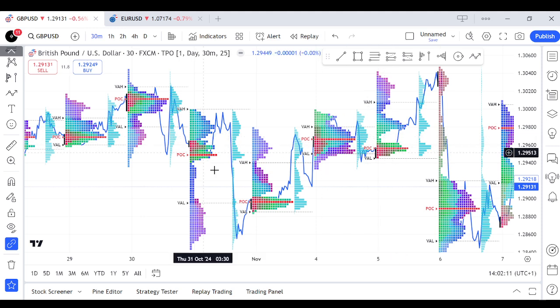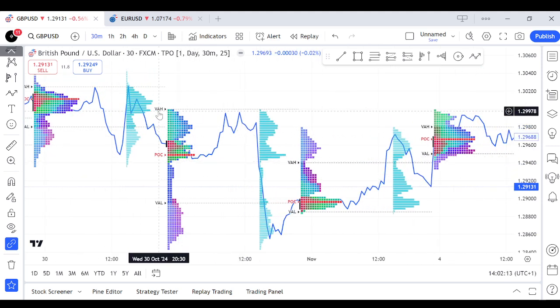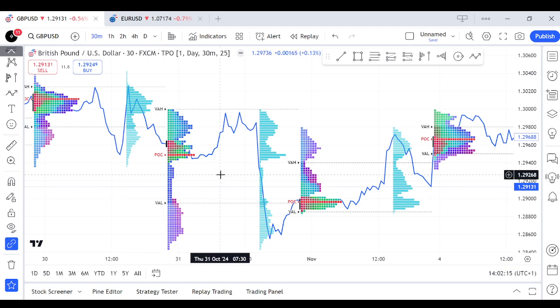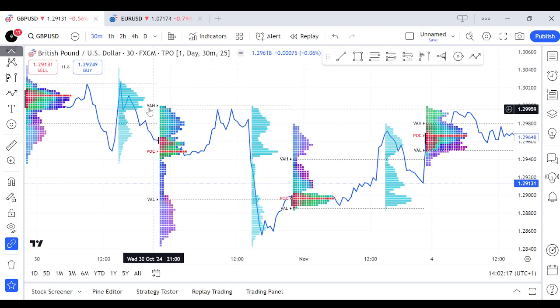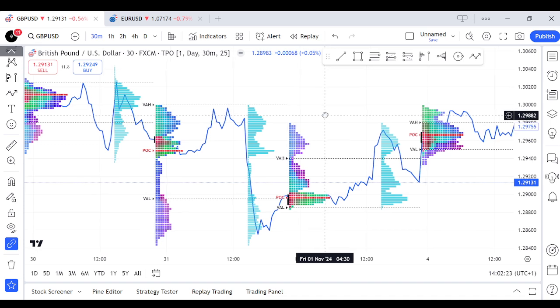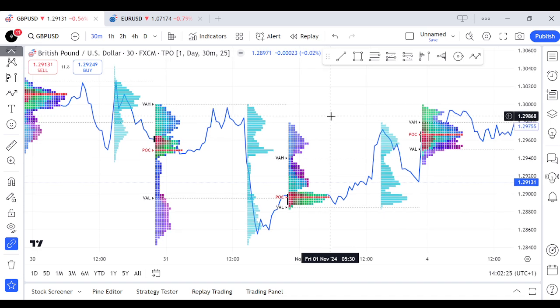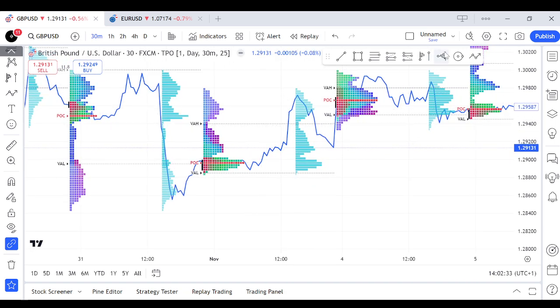Depicted here, see the VAH and the VAL, that is the value area high and the value area low. This is where approximately 70% of trading activity occurs, and it marks the zone of consensus among traders. It's depicted like a zone.